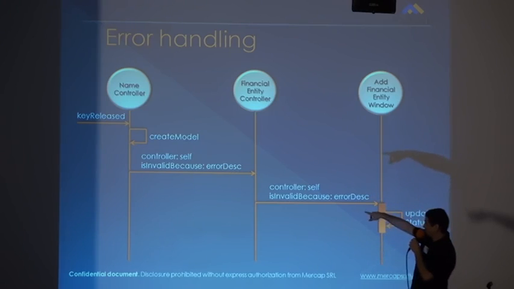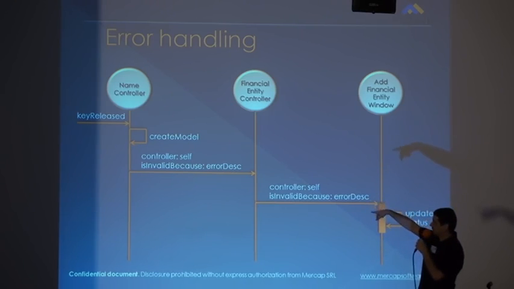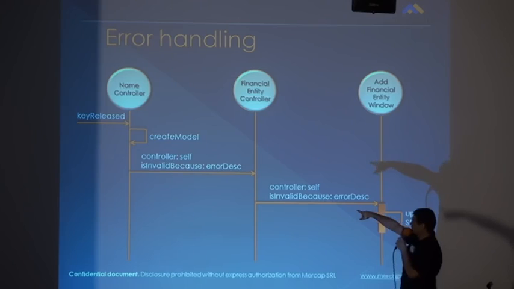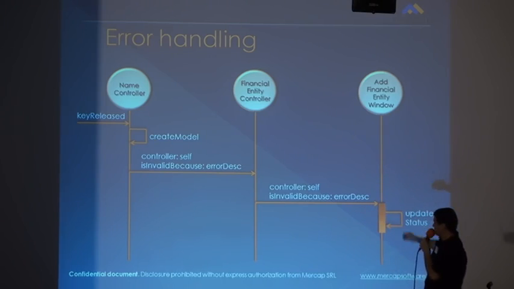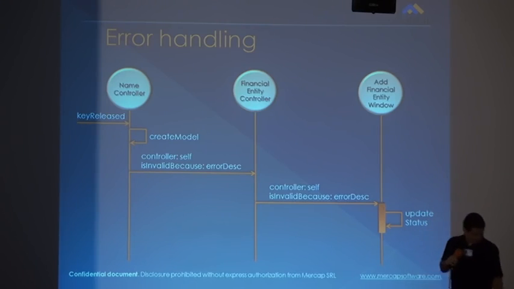So if the string is empty, it notifies its parent that it has an invalid model, it doesn't have a model, and gives an error description. The parent of the text controller forwards this message to its parent, and again we update the status view with the relevant message.